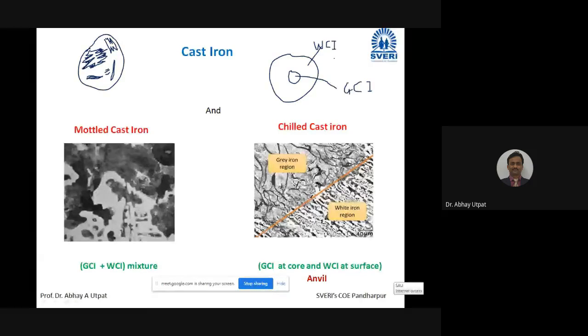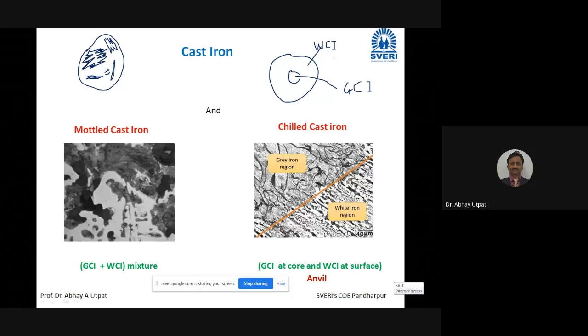So this is the difference between mottled cast iron and chilled cast iron. In mottled cast iron there is mixing from surface to center, a mixture of grey and white. But in chilled cast iron, only the surface is complete white cast iron and the center part remains grey. So this is all about mottled and chilled cast iron.